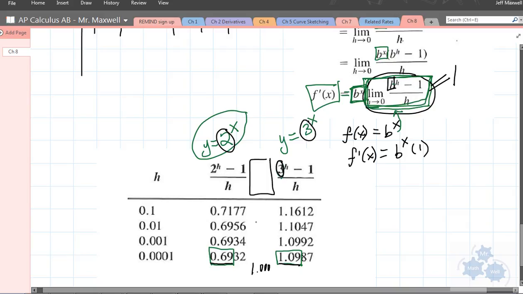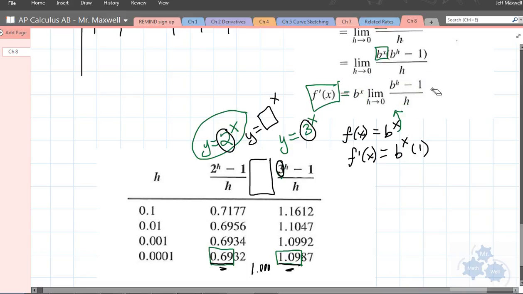Somewhere in there? Does it make sense? Because this is 0.69, this is 1.09. So somewhere in here, there should be a base, y equals something to the power of x, where this part of the definition of the derivative, this part right here, I'll just highlight for you, should equal 1.